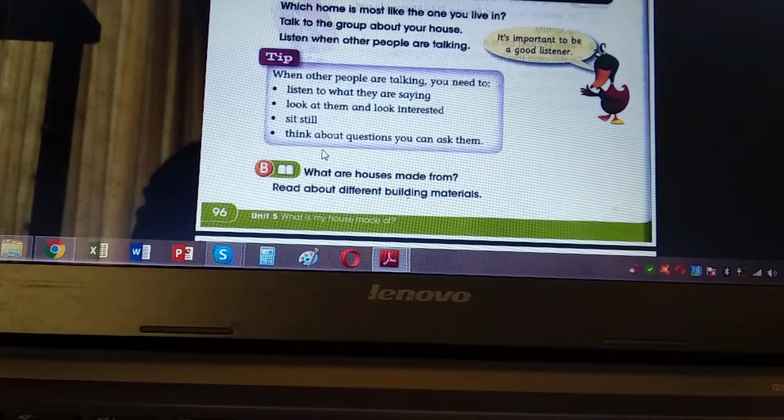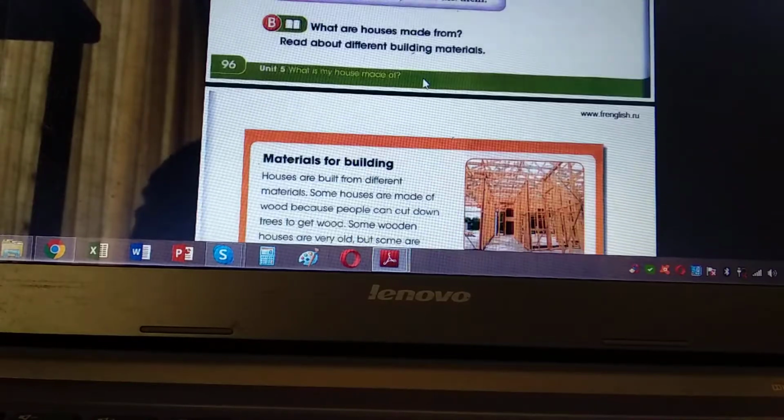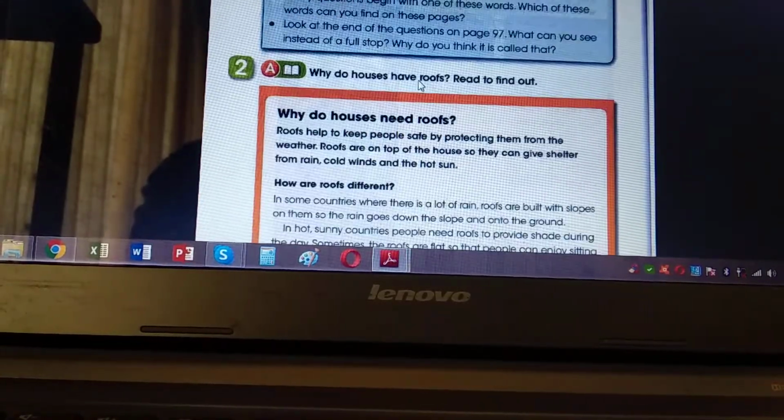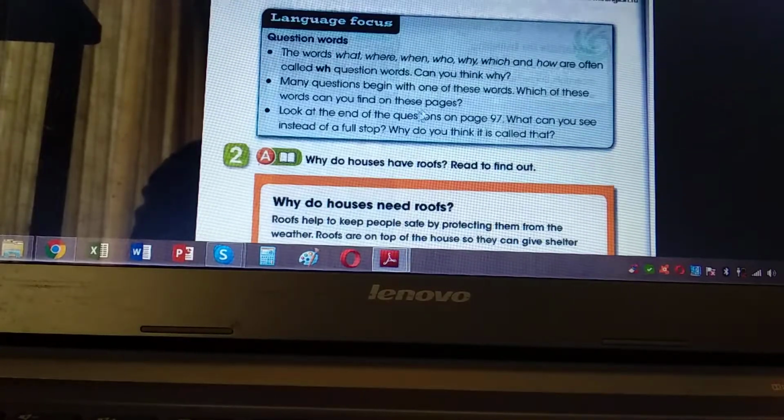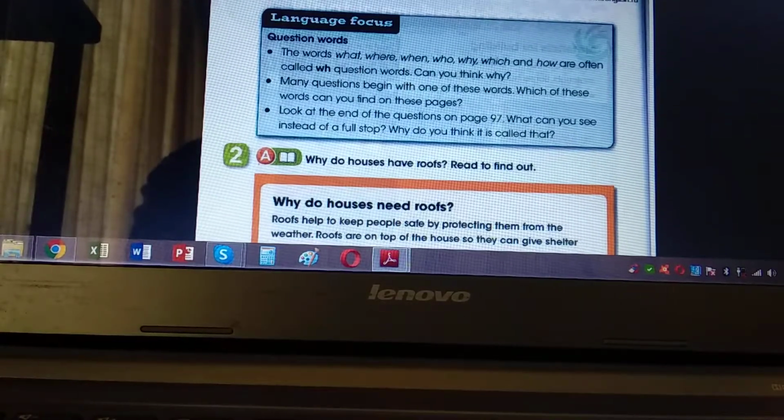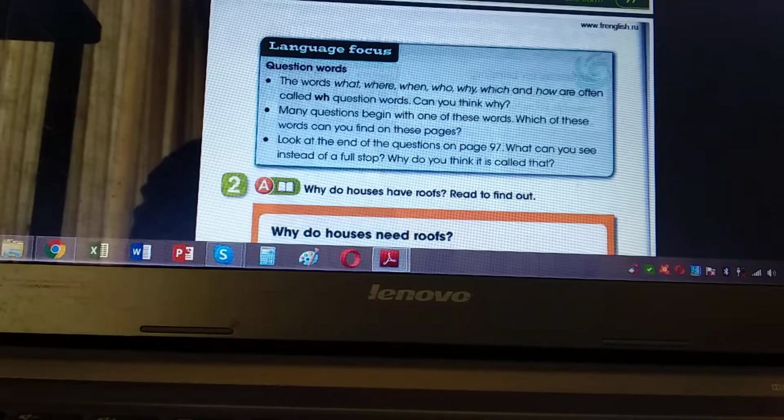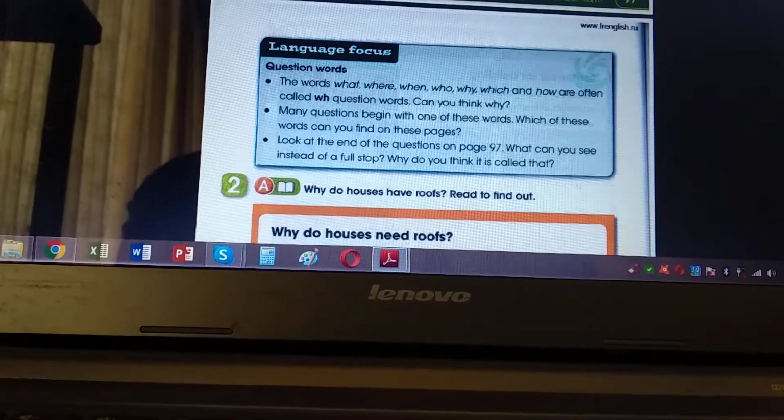What here, which here. Okay, and look at the end of the question on page 97. What can you see instead of a full stop? We can see a question mark. Okay, so remember, when you want to copy down this question, don't leave out the question mark. You have to put it there.